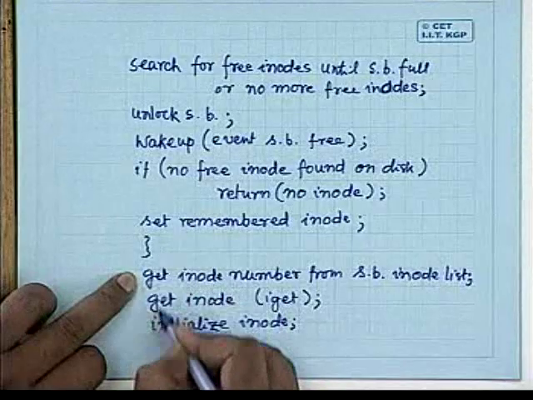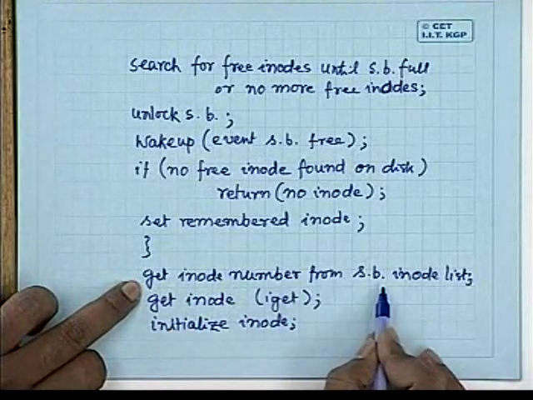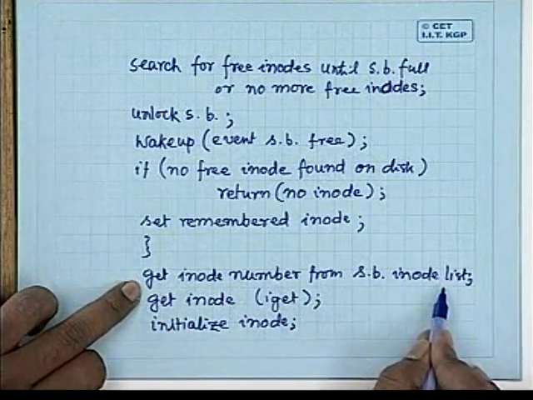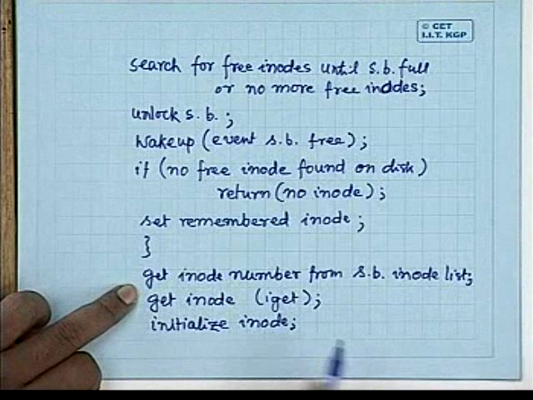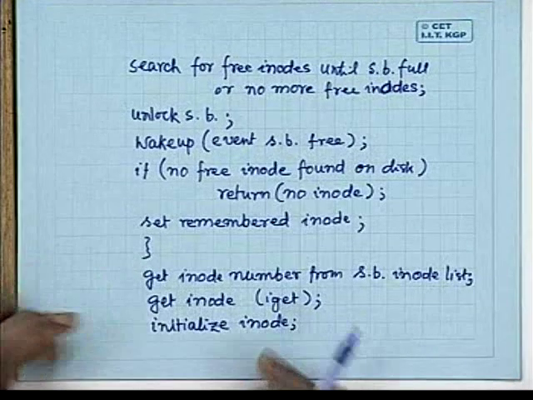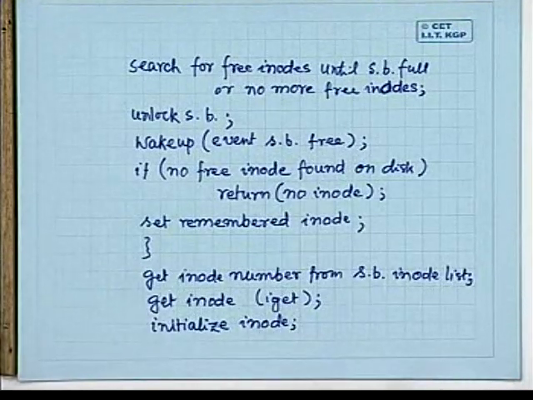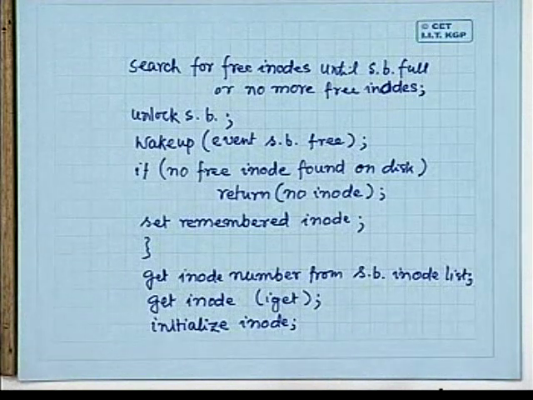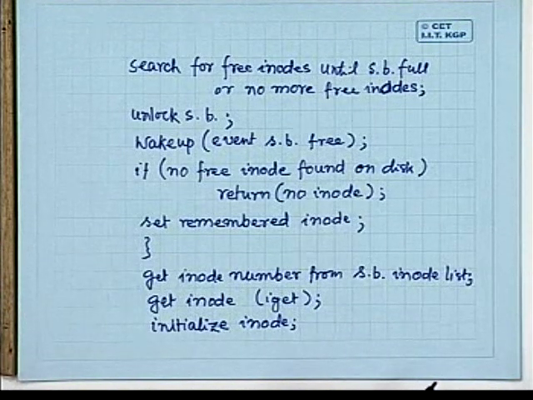And the following thing will continue: you get an inode number from the superblock free inode list, and the rest of the things will be similar to the case where I get a free inode on the superblock free inode list. So this will be the algorithm which is followed for getting an unallocated inode for a newly created file or a newly created directory.